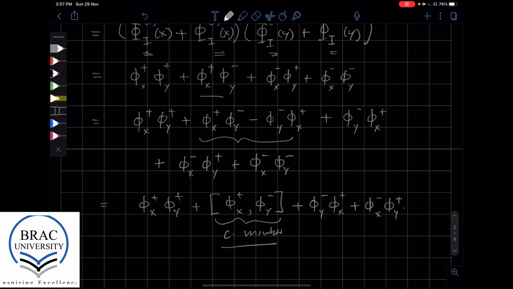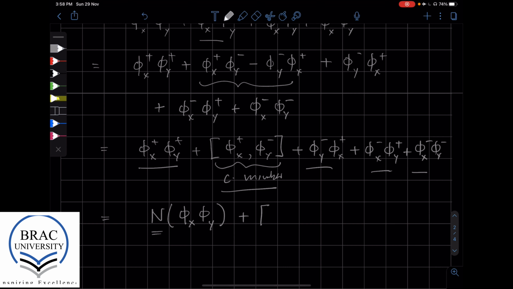And it's easy to see that all these other terms, these four terms, can be written as the normal ordering. So, we can also use this notation for normal ordering. So the normal ordering of phi(x), the operator at x, times the phi(y) operator, plus this term, which I'm claiming is just a C number.